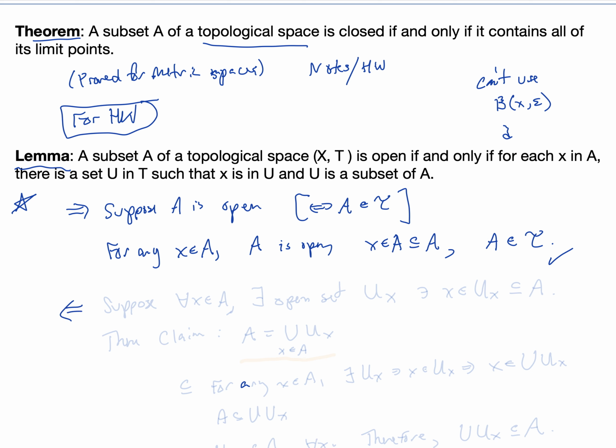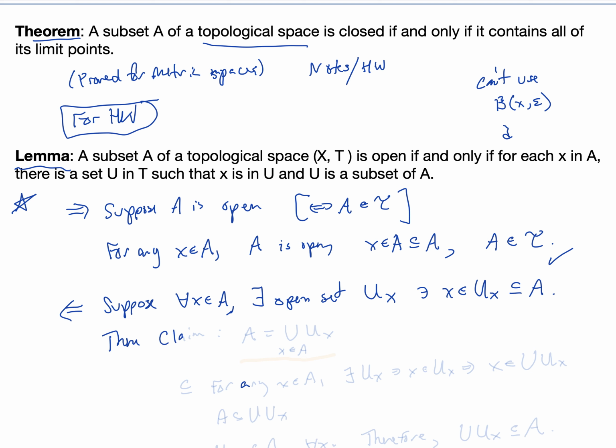Going in the reverse direction, suppose that for any x in A, there exists some open set, let's call it U sub x, because it's an open set containing x, such that x is an element of U sub x, and U sub x is a subset of A. So suppose that's the case.